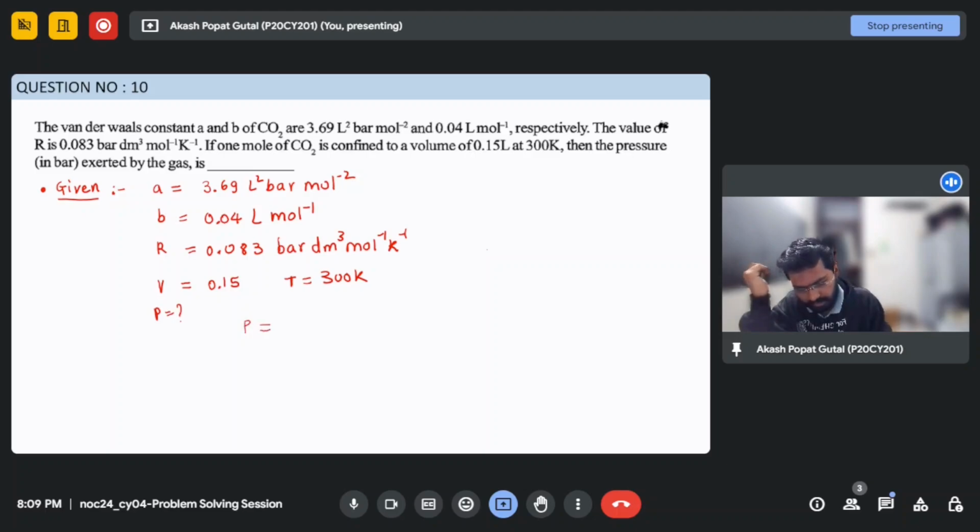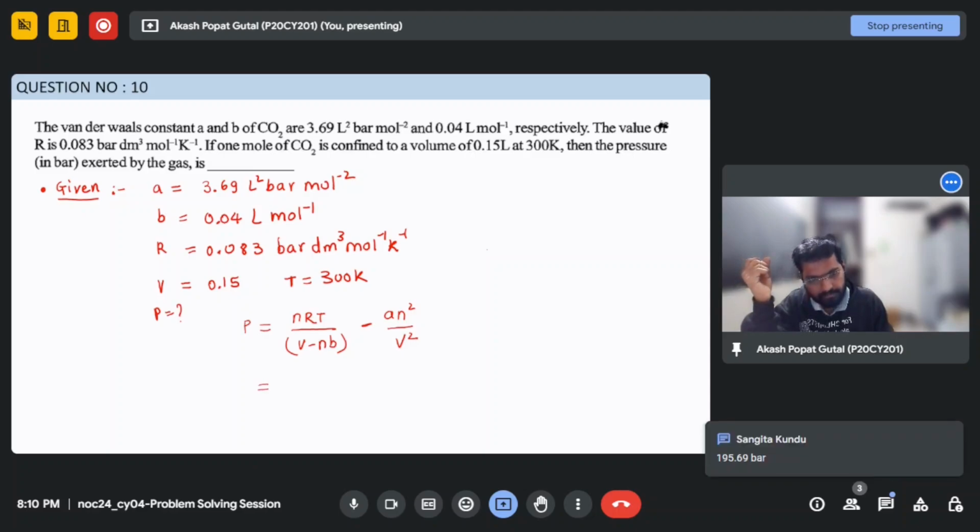So we have the van der Waals equation: nRT divided by V minus nB, minus A n square by V square. Let's put the things in. 195 is not the answer.